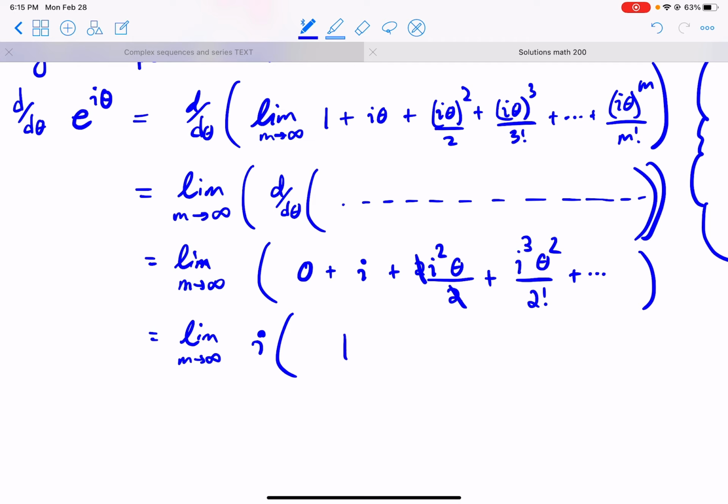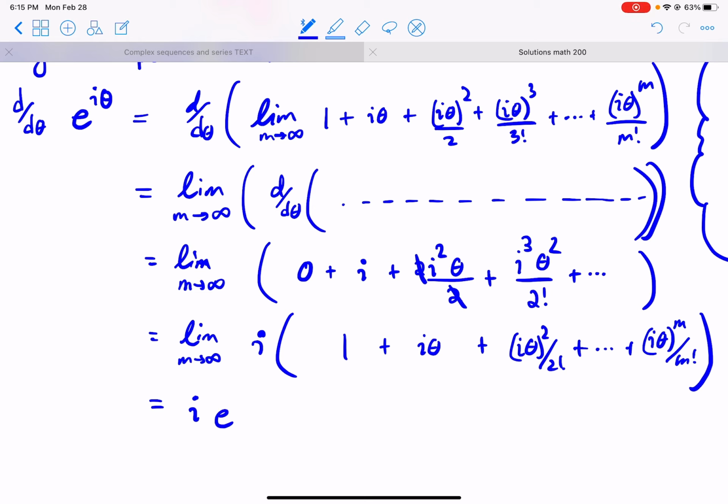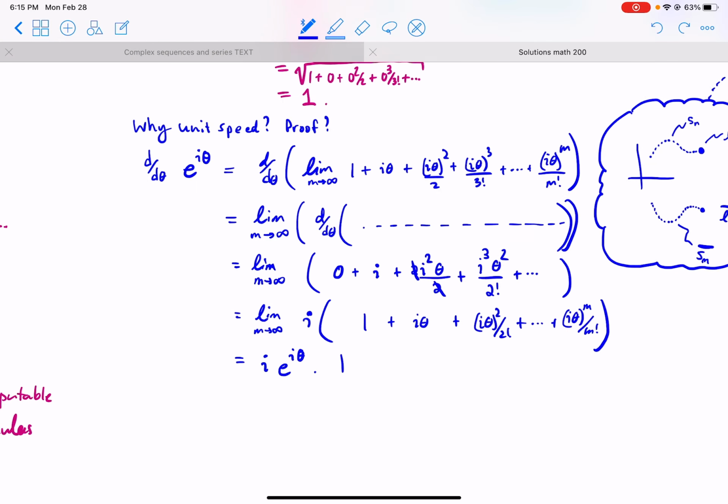We get a 1, an i theta, an (i theta) squared over 2 factorial, and finally an (i theta) to the m over m factorial after we pull out that factor of i. And sure enough, this is i e to the i theta. And we're done. Well, no, we just showed the derivative is this, okay?